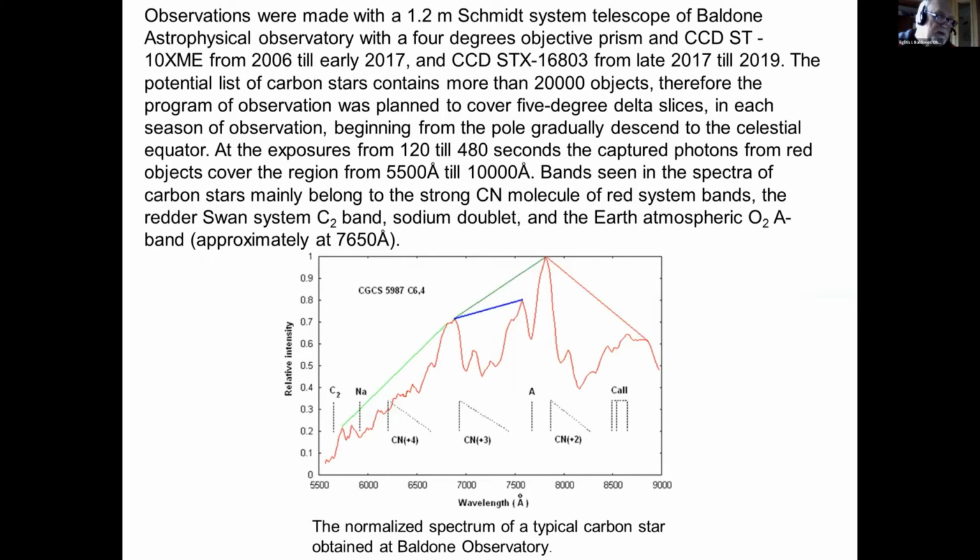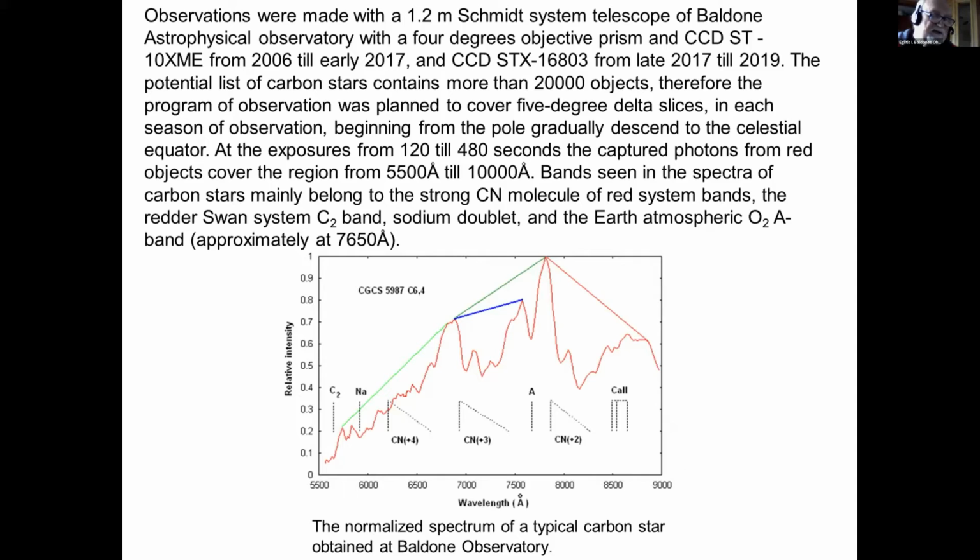Observational materials have been gradually acquired since 2006. The potential list of carbon stars contains more than 20,000 objects. Therefore, the observation program was planned to cover 5 degree delta slices in each season of observation, beginning from the pole and gradually descending to the celestial equator.